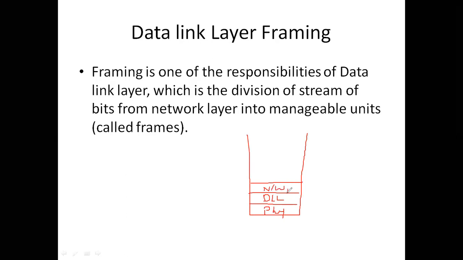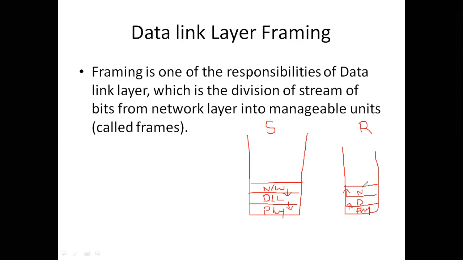Suppose the data is coming from the network layer to the data link layer, and from the data link layer to the physical layer; it is moving at the sender side. At the receiver side, the same data comes from the physical layer, moving in the upward direction to the data link layer and also to the network layer.